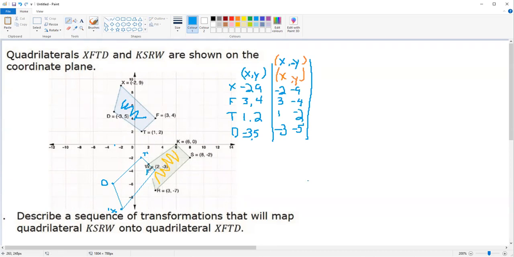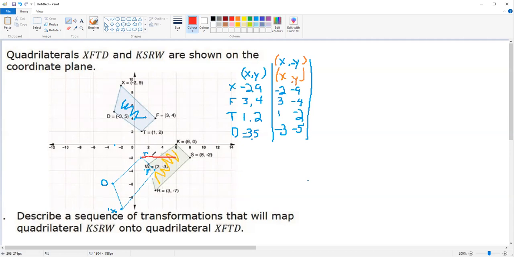Now all I have left to do is slide it over and up a few. So I'm just going to coordinate count this. I'm going to go red. Now I'm going to use my T coordinate. I got 1, 2, 3, 4, 5.